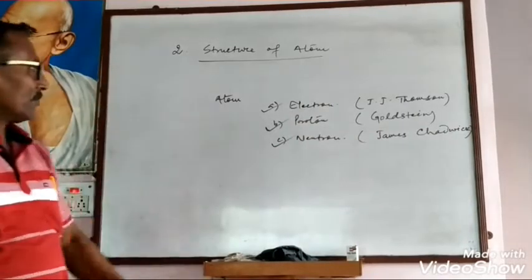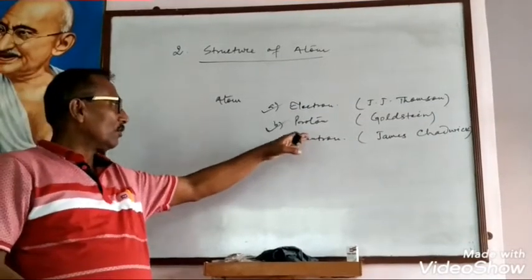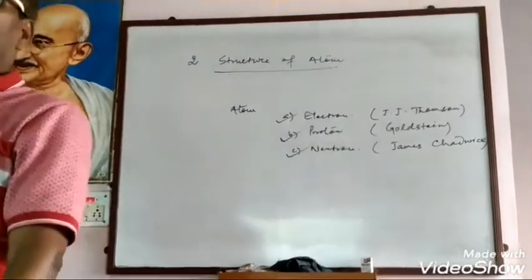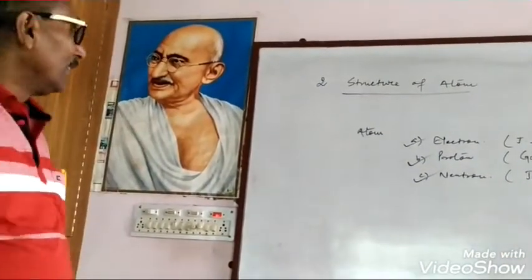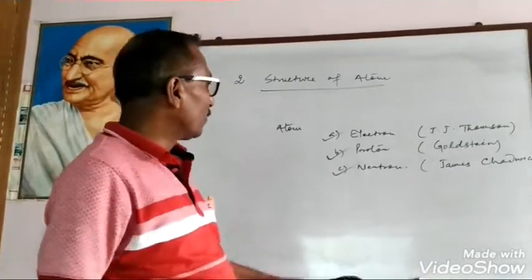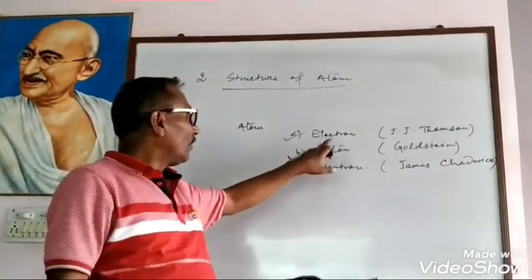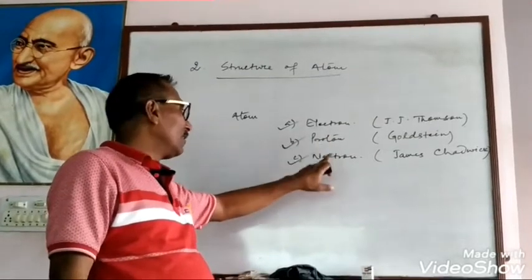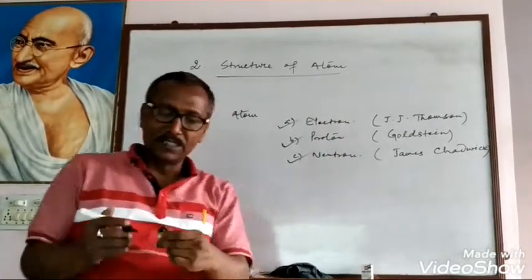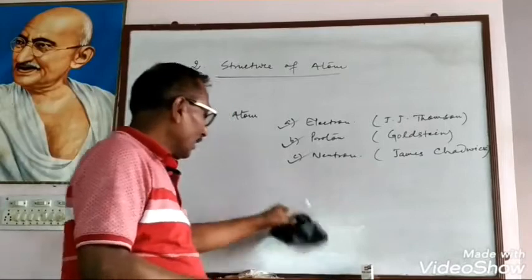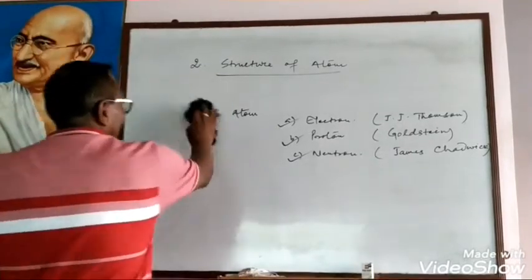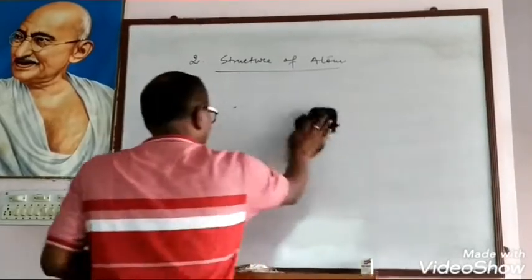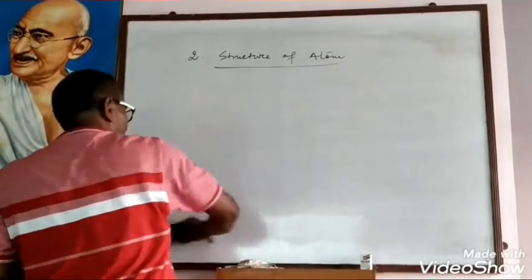So these are the discoverers for electron, proton and neutron. Even in class 9, we generally discuss with the students how electron, proton and neutron were discovered. If you would like to know once again, then I can tell you that also.